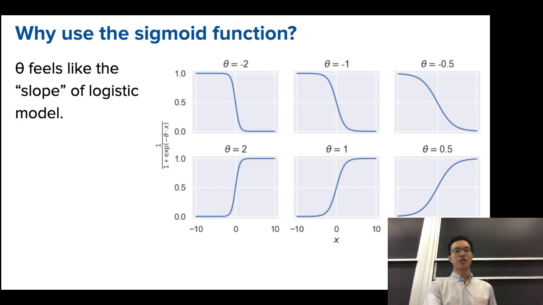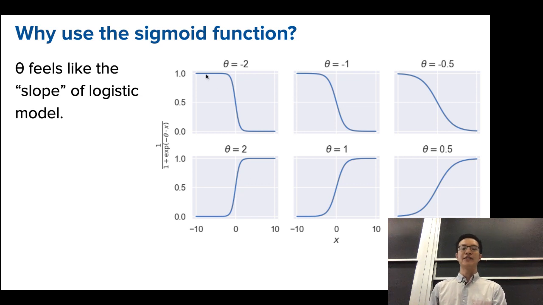Now to give you some intuition on this, the theta in the sigmoid function feels like the quote-unquote slope of the logistic model. What I mean by that is, if I increase theta, my slope seems to get higher. It's not really a slope here, but it looks like the slope of this portion of the graph gets sharper and sharper as I increase theta.